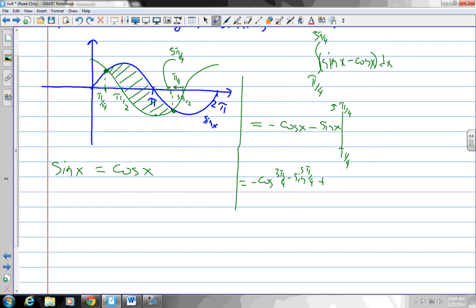So it's plus cosine of pi over 4 plus sine of pi over 4. Is that right? So what do we get? Negative 1. So make it positive 1, right? Minus another negative 1 plus 1 plus 1.